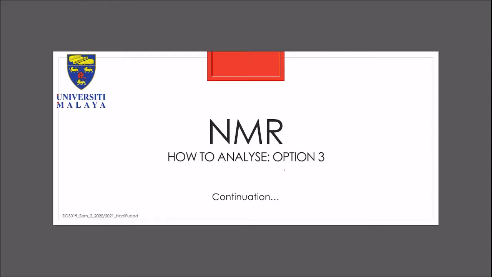Today we are going to continue with option number 3, which is how you analyze peptides and proteins, and that is basically NMR. It's actually very complex information, so this is very brief, very general information on how you can do that.